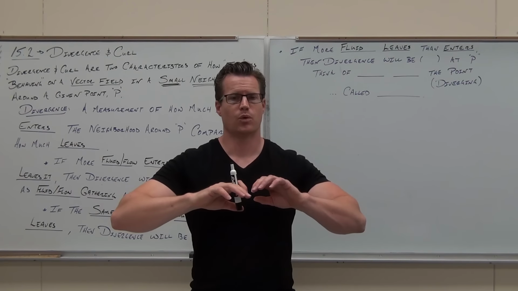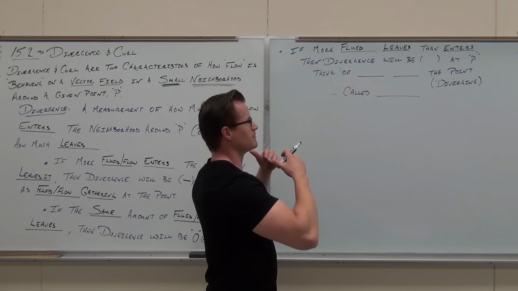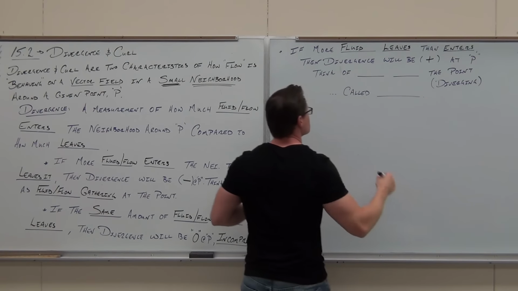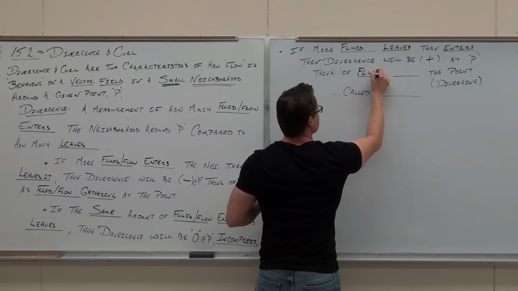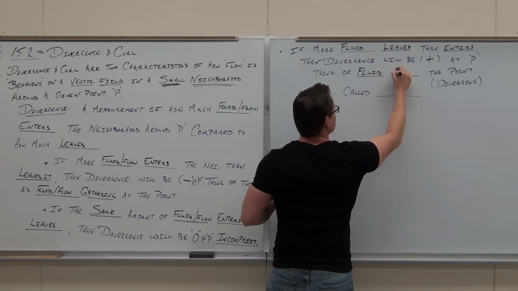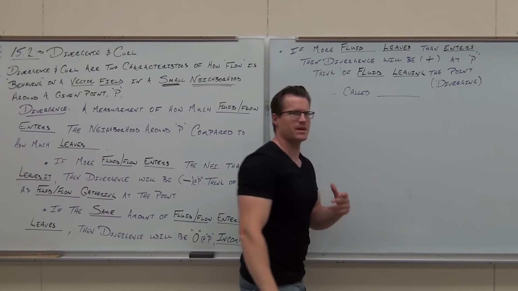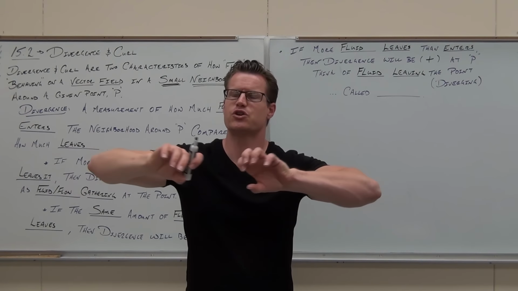That's saying that we're losing fluid. Think of this as fluid leaving the point. Well, hopefully that makes sense with the wording. If fluid's leaving the point, it's diverging from the point.